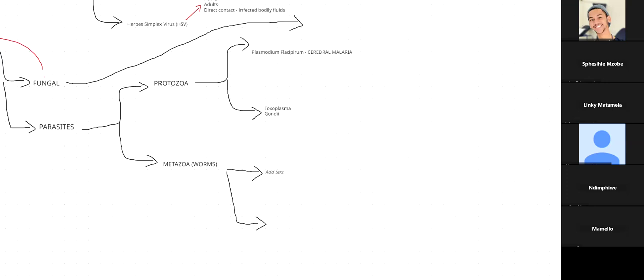Opposite to flatworms are obviously your roundworms.